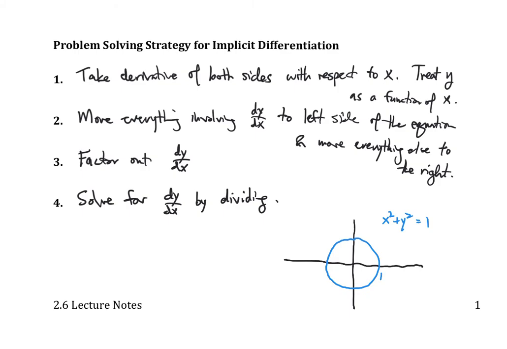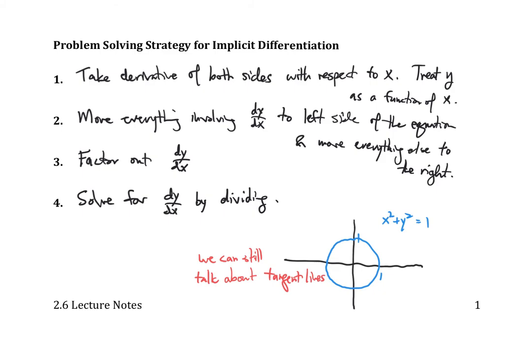So I'll put a 1 there and a 1 here. Okay. And one thing that you'll notice is that this is not a function. It fails the vertical line test. But the important thing to notice is we can still talk about tangent lines, right?